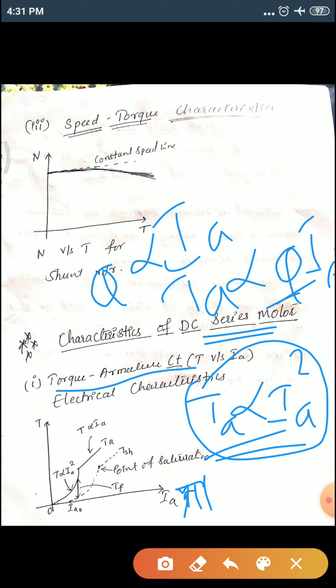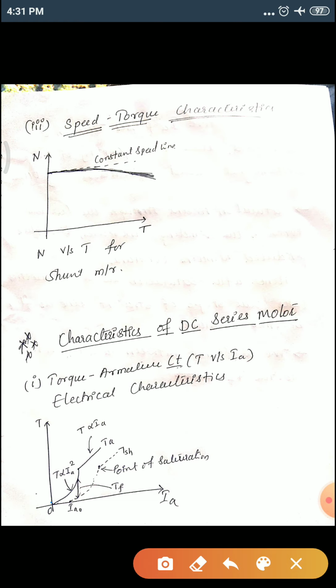Therefore it reaches a certain limit, okay. As the entire IA passes through, that's what its graph will look like. As this graph indicates, it is parabolic in nature, since TA is proportional to IA square.